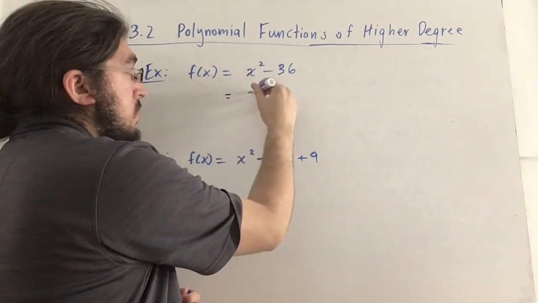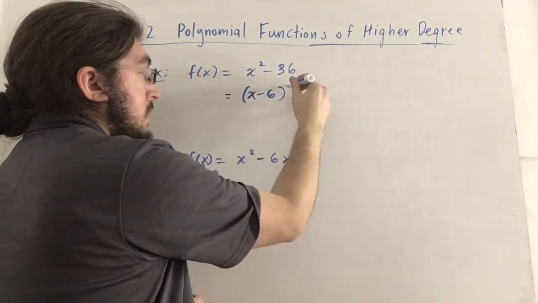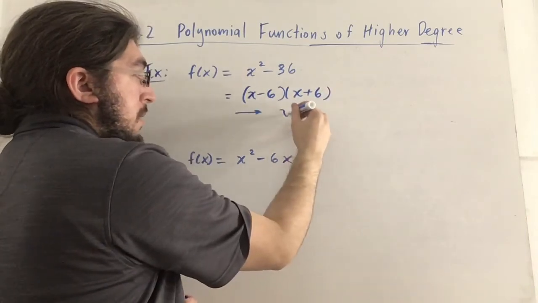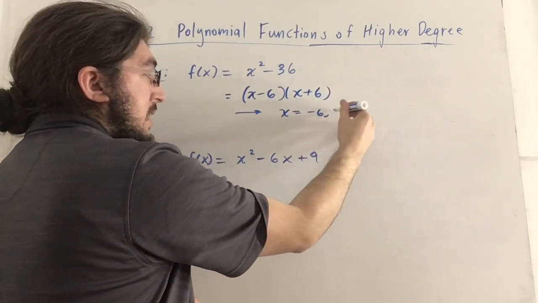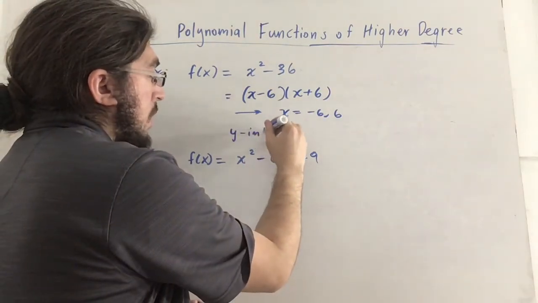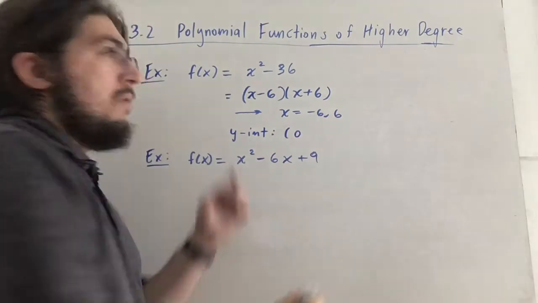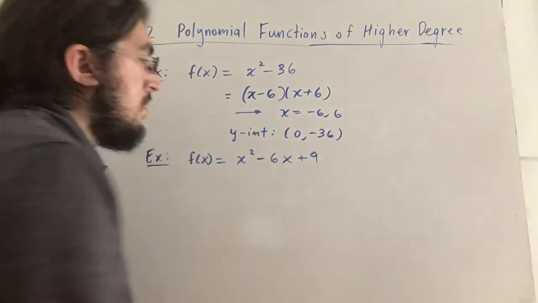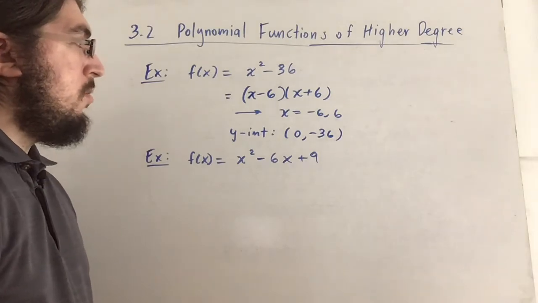So factoring this, we get (x minus 6)(x plus 6). So that means by the zero factor property, we have x-intercepts of negative 6 and positive 6. The y-intercept will be 0, comma what? Well, if you plug in 0, you just get negative 36, the constant term. Okay. So, right.